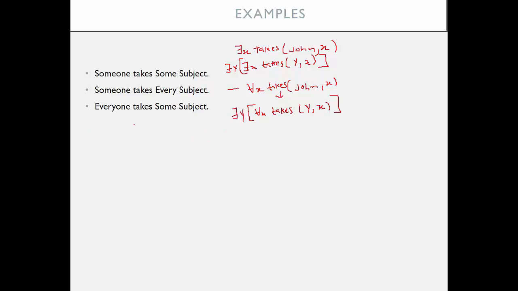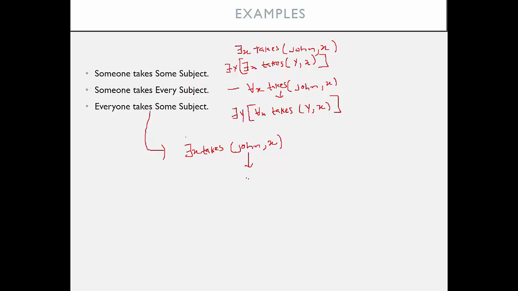Now let's try to solve this problem. Everyone takes some subject. So again, we'll take the basic one, for example, John takes some subjects. But here we're talking about everyone. Therefore, outside this, we're going to have a universal quantifier. And this will also be represented with a variable because we are talking about many people, which means everyone.